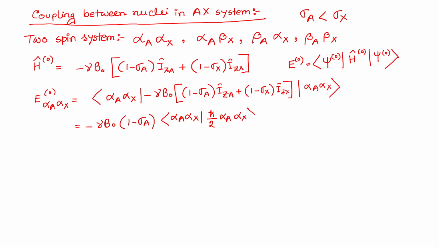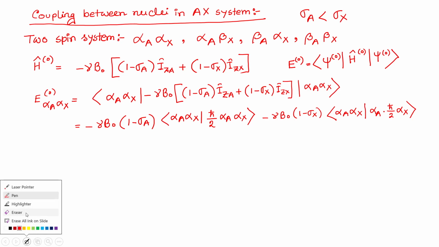So we'll write it down in the next part. Now, only IZX operates on alpha X, not alpha A. So alpha A will remain as it is, and you are going to get H cut by 2 alpha X.